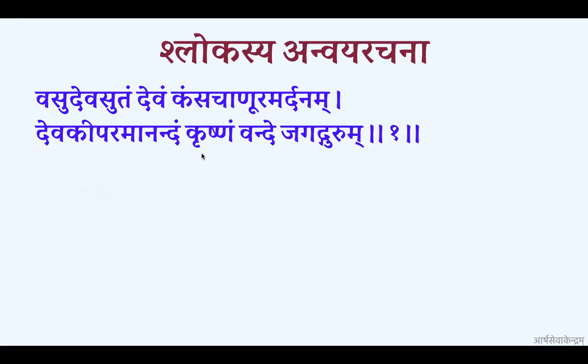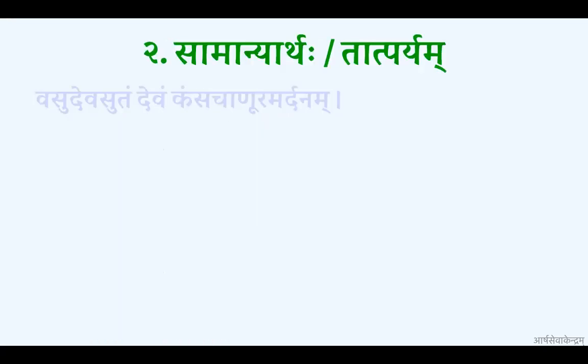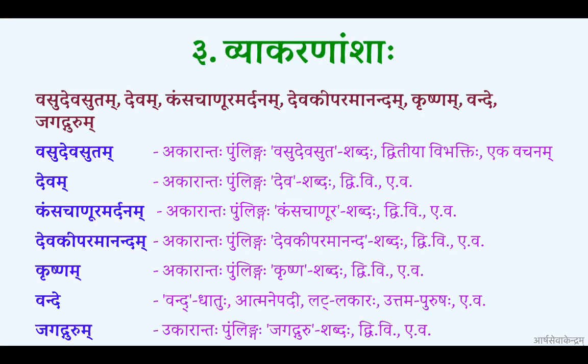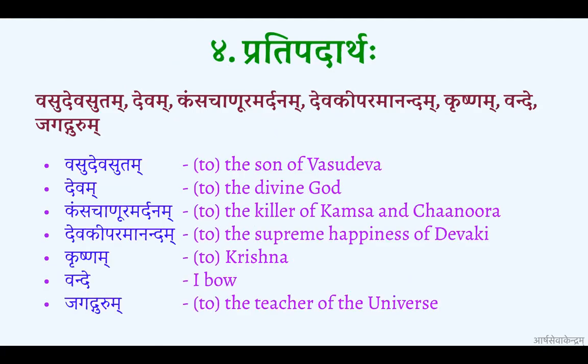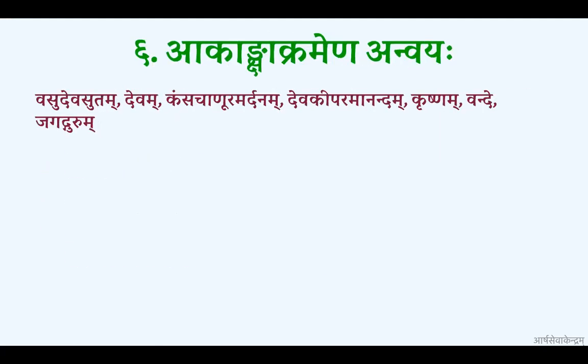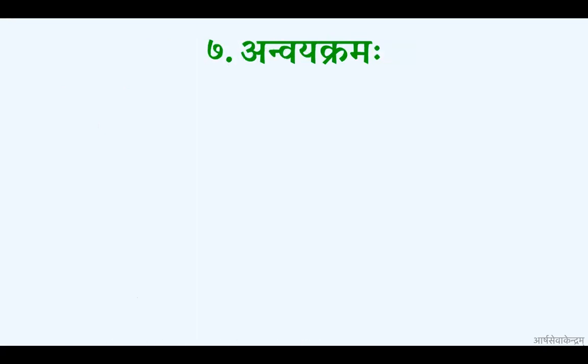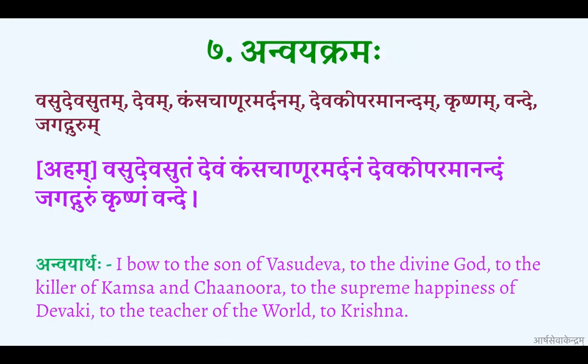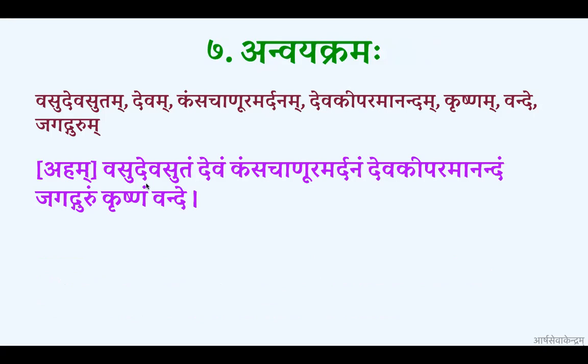So would it help if we compare that with a sentence like this: Vasudeva Sutam Devam Kamsa Chanura Mardanam Devaki Paramanandam Jagadgurum Krishnam Vande? If you had a vakyam like this, isn't this easier to understand?